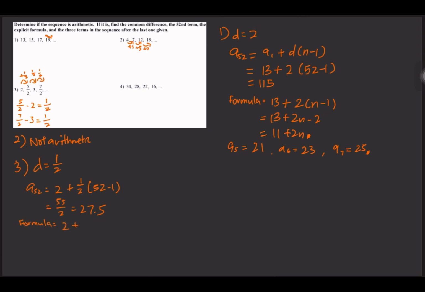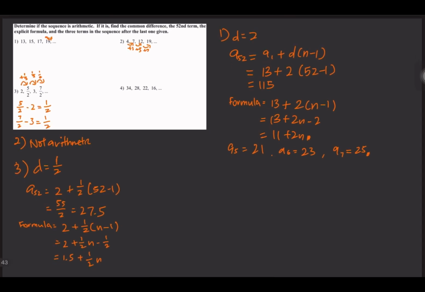Now, the explicit formula equals 2 plus half times n minus 1. Of course, 2 plus half n minus half equals 1.5 plus half n. And then there are 3 terms after that.